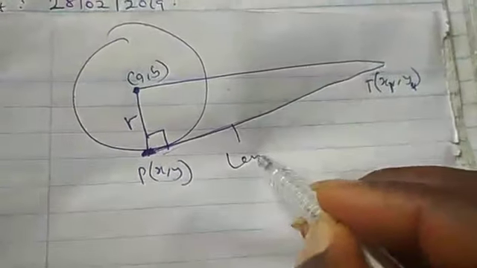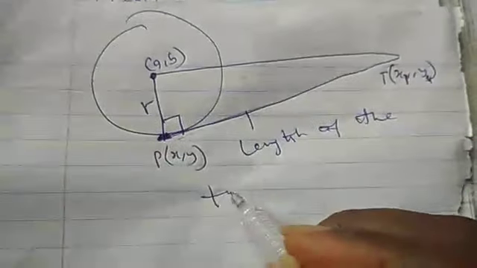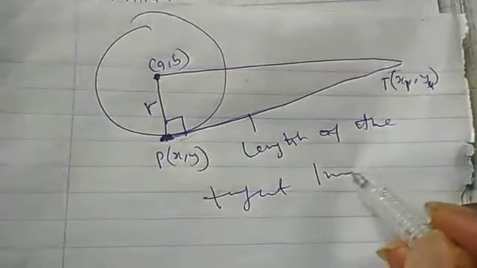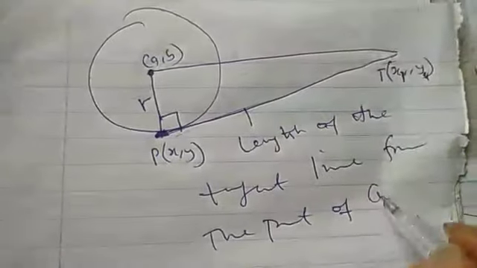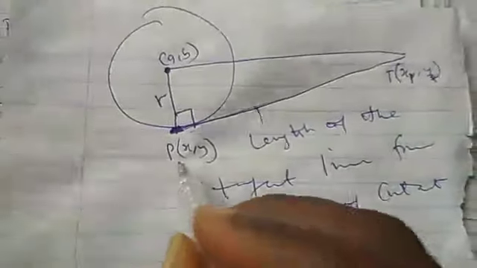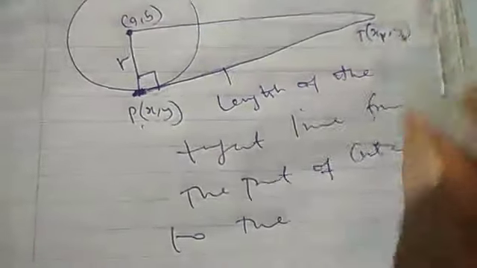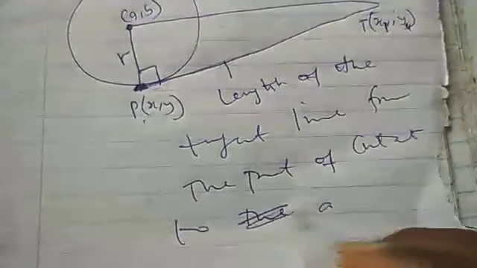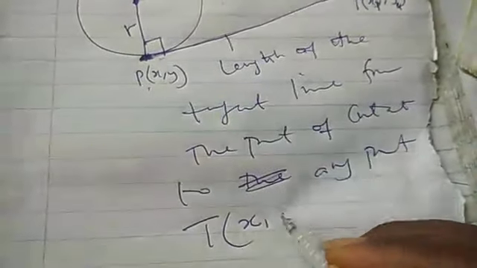This is called the length of the tangent line from the point of contact to any point, let's say this point T equal to x1, y1.